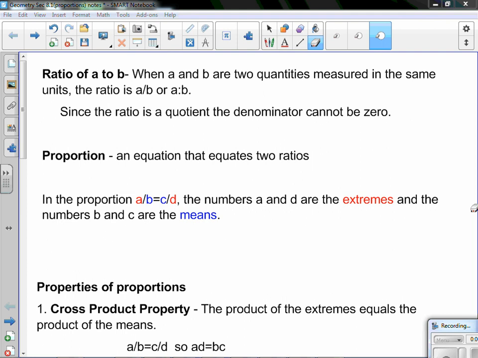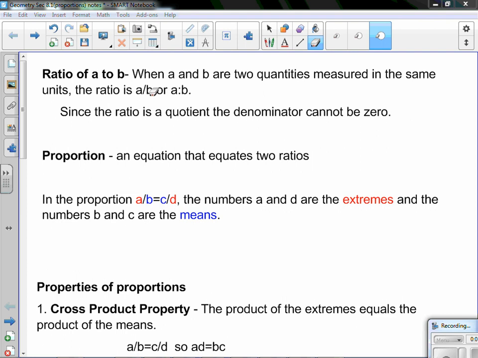So the ratio is A over B as a fraction, or you'll also see it written as A to B with the colon in between, where the numerator would be the first term, the denominator is the second one. It's written in that form. And since a ratio is a quotient or a fraction, that also means that the denominator, or the B term, cannot be 0. Right?